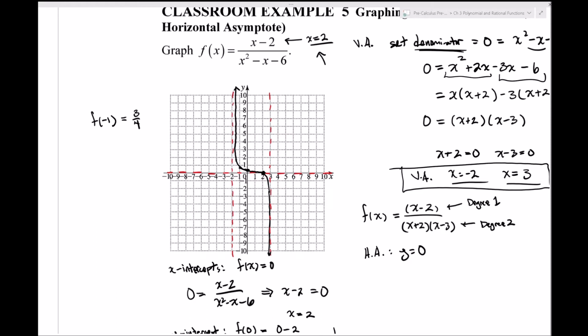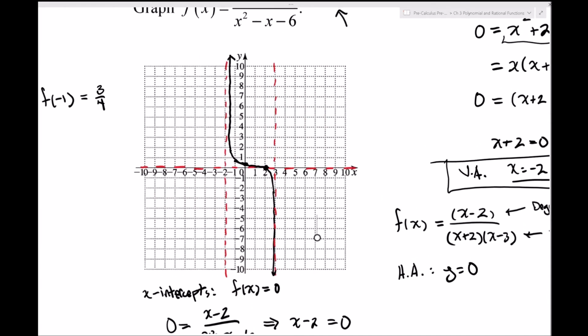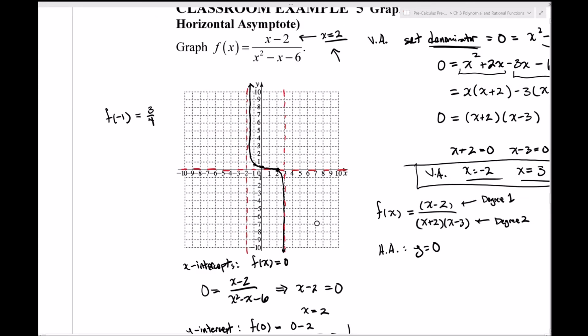The closer I get to 3, let's say 2.9, I'm getting -1.837-ish. The closer you get to 3, the faster that's going to blow up towards negative infinity. So that's what the middle looks like, in between -2 and 3, the two vertical asymptotes.